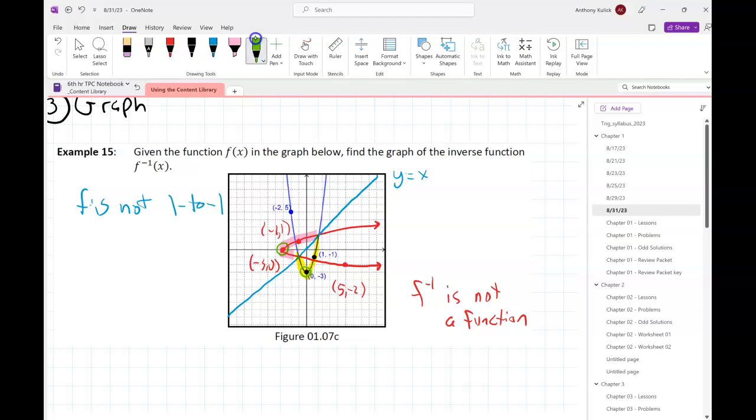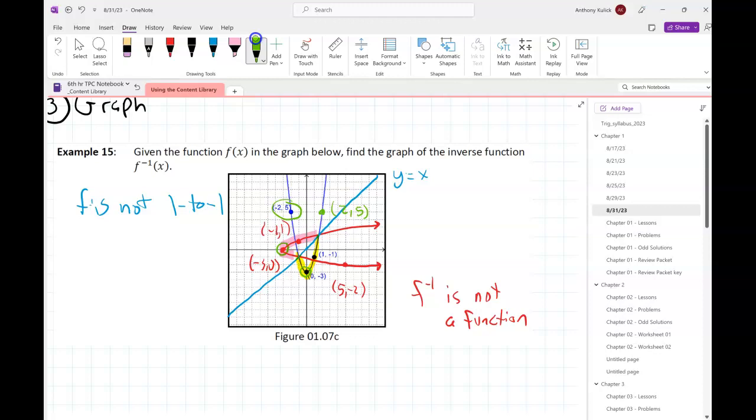How can we look at this graph and tell? Well, if I look, this point is the point 2, 5, right? This is the point 2, -5. What do I notice? Repeated y coordinate, right?